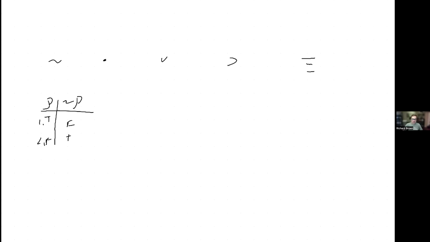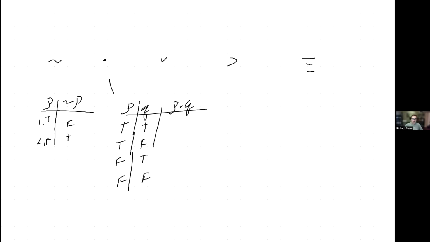Okay. So the dot operator is our conjunction operator, and it tells us if you have 2 propositions, P and Q, and you want to put a dot in between them, then there's 4 cases that result, both true, one or the other being false, or both of them being false. So these are our 4 cases, and the dot says it's only true when both of them are true. Okay.